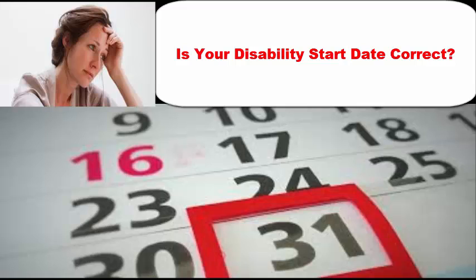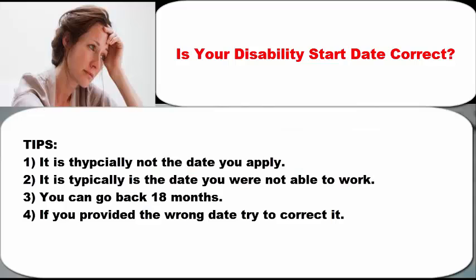So in the January-May example of 2019, if medically the records supported the January 2019 date, that would be what they would call their onset date of disability, where they would start the approval process. Make sense? Melody, anything to add?